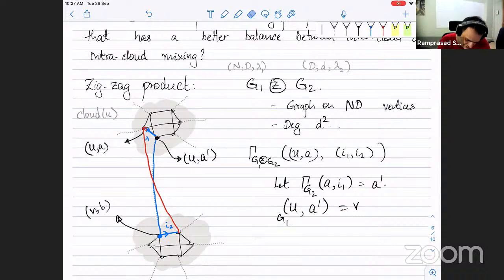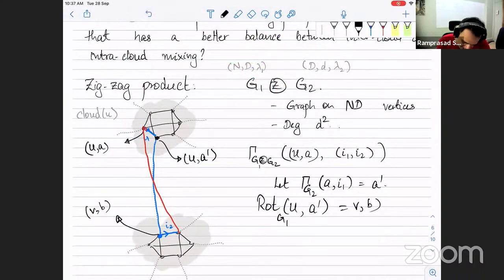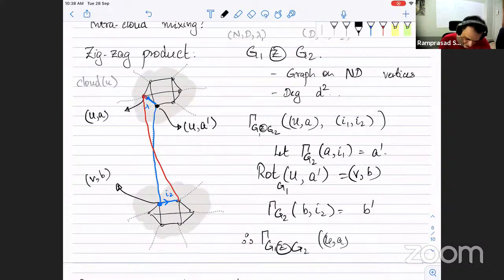Or rather, instead of gamma, let me put a rotation mark here. Now I basically do gamma G2 of (b, I2), which is equal to b prime. Therefore, gamma G1 zigzag G2 of (u, a) at (I1, I2) is equal to (v, b prime).